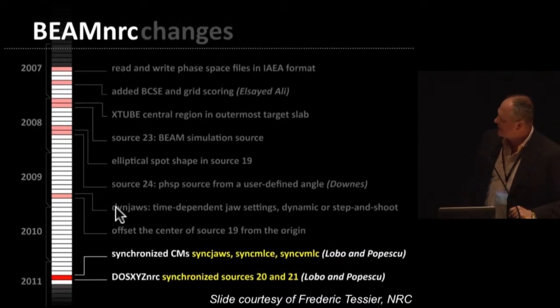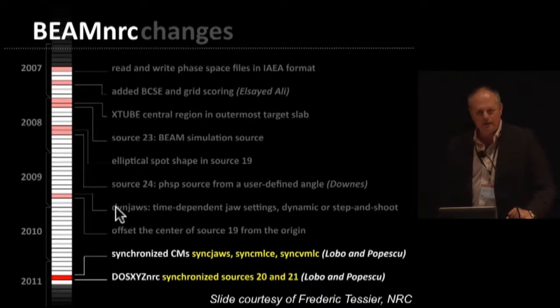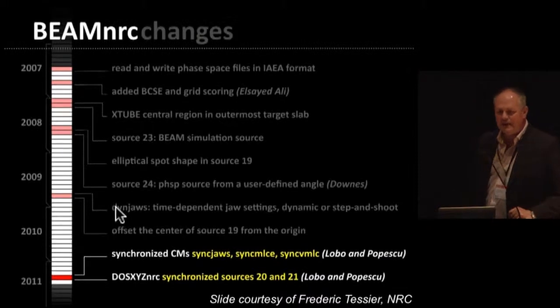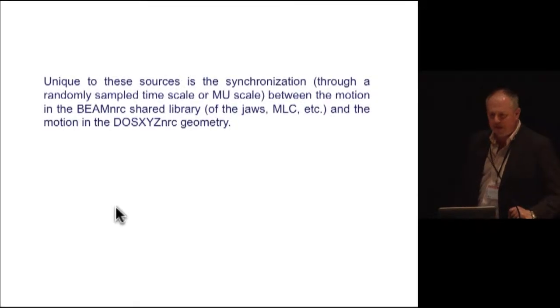Also, they work in conjunction with synchronized component modules: one for JAWS, one for the Elekta MLC, SYNCVMLC for the Millennium MLC, and now available in BEAM 2013, we also have SYNCHDMLC, which is for the TrueBeam HDMLC or for the Novalis HDMLC.